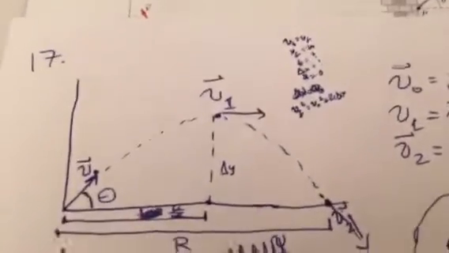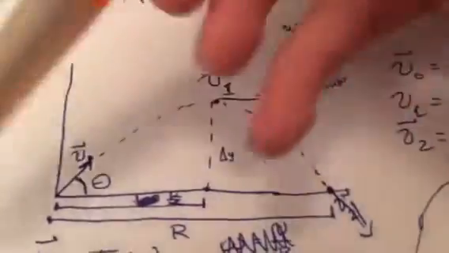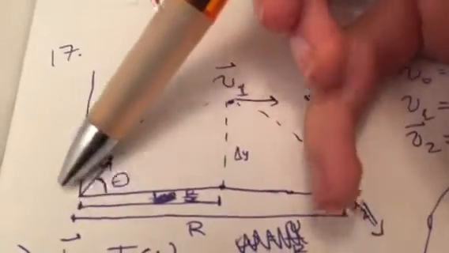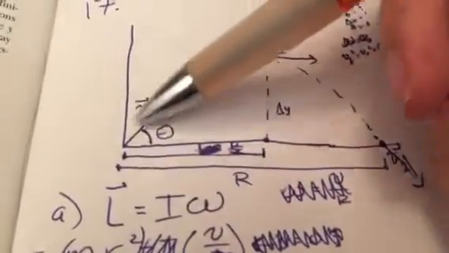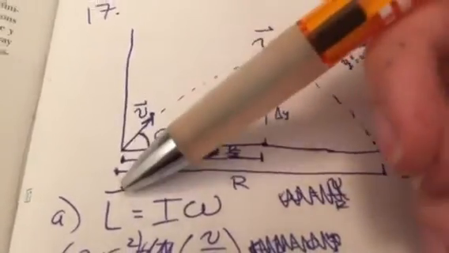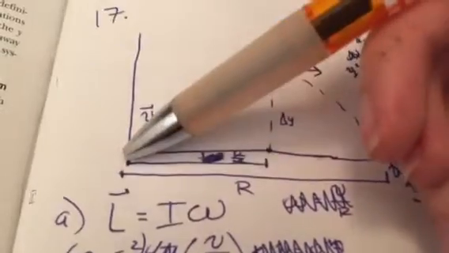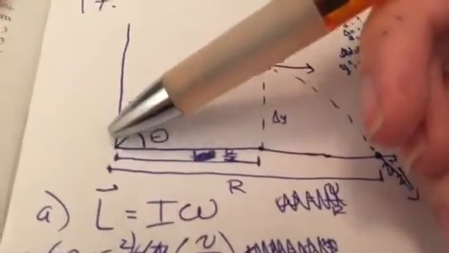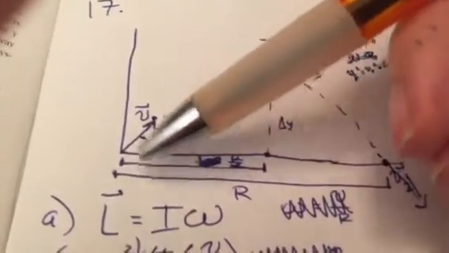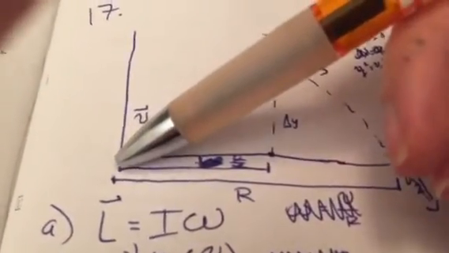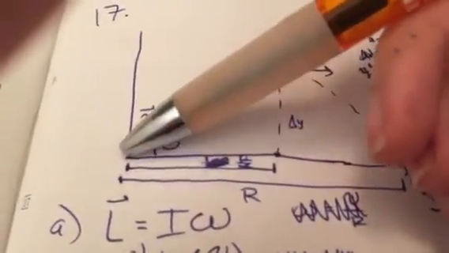So I drew another diagram here, and it wants us to find the angular momentum about the origin at several points. So part A, what's the angular momentum about the origin at the origin? If we think about that, just logically, the particle is at 0, 0 in terms of an r vector, and there is no velocity here.